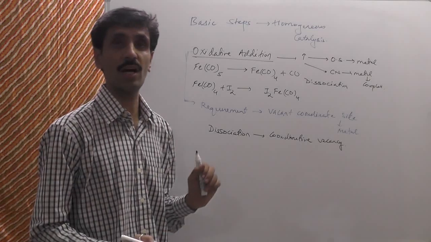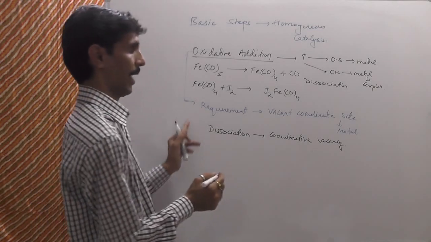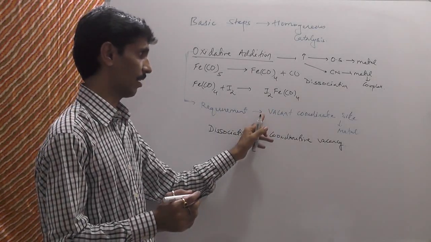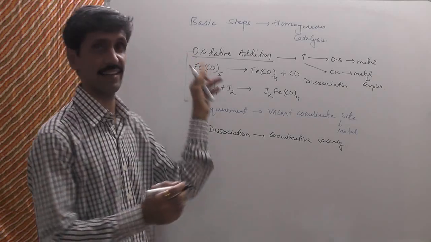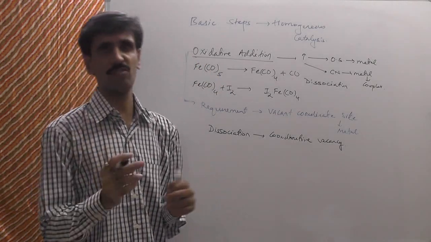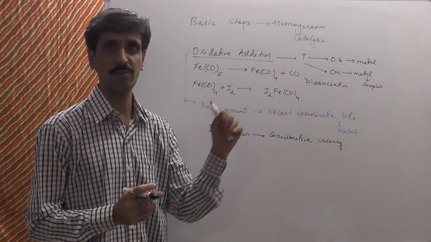As a result, due to that vacancy, there is a possibility of this requirement being realized, and that is of oxidative addition. So this was about the first step, called the oxidative addition step.